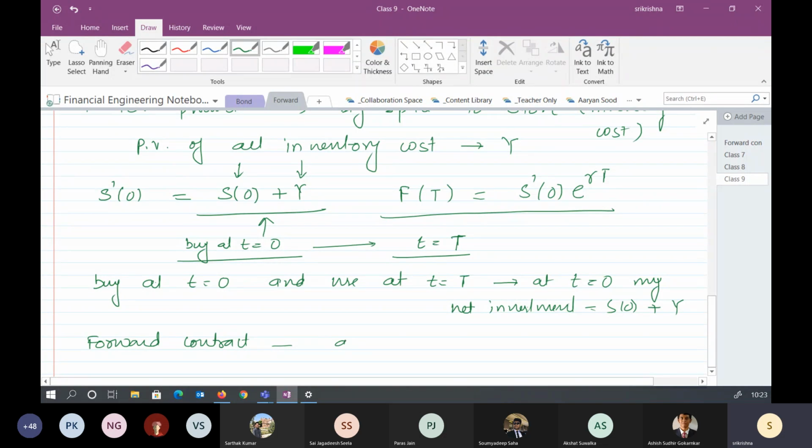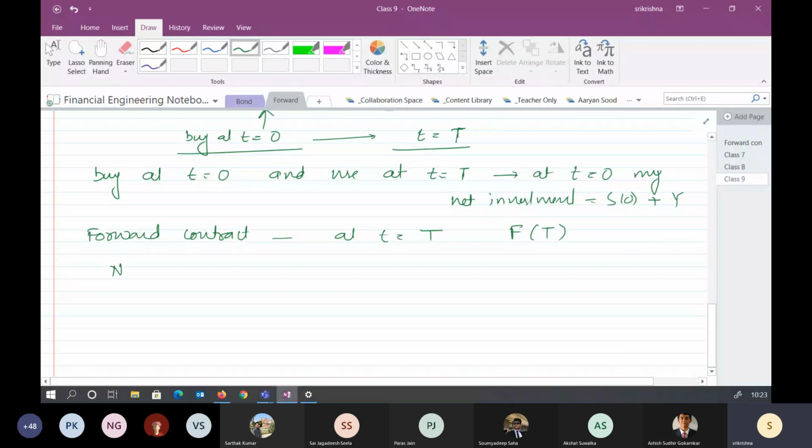And at t equal to capital T, we paid FT, correct? So for no arbitrage, these two should be the same.